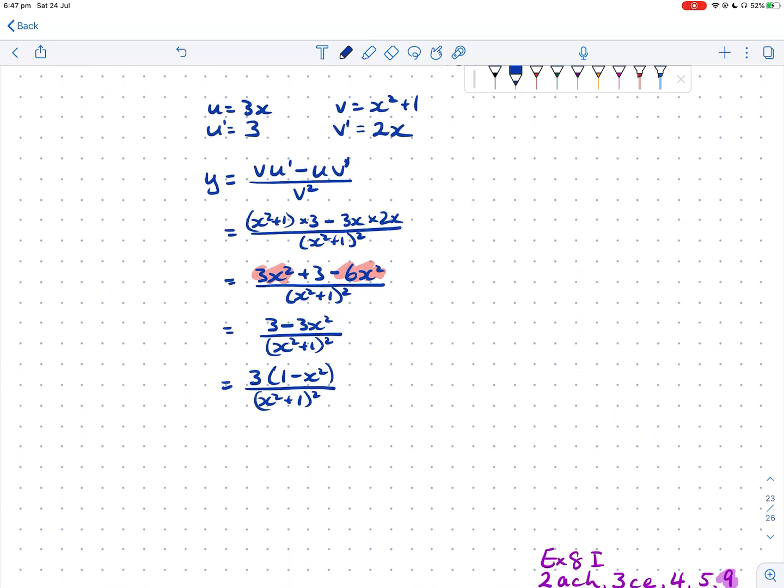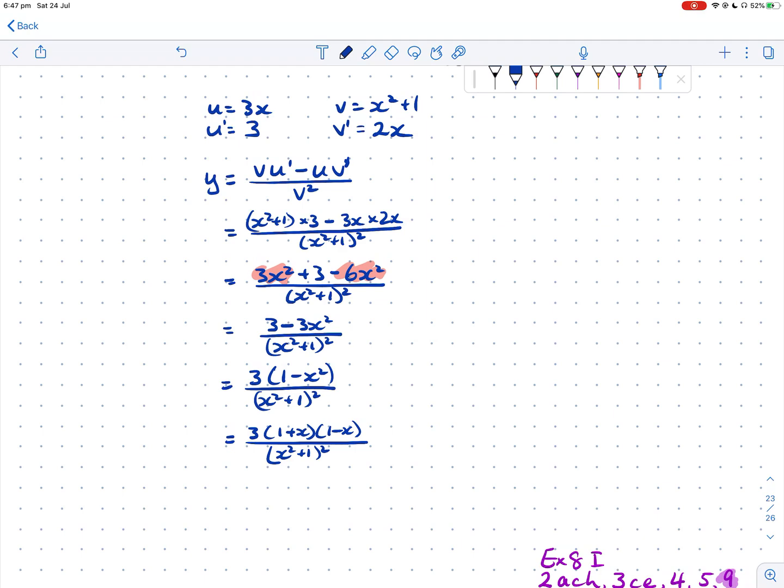So it's fine to leave it like that. I will factorize it just for completeness' sake. So 3, 1 plus x, 1 minus x over x squared plus 1 squared, and that's going to be your derivative. Again, here I've just shown you how to differentiate.